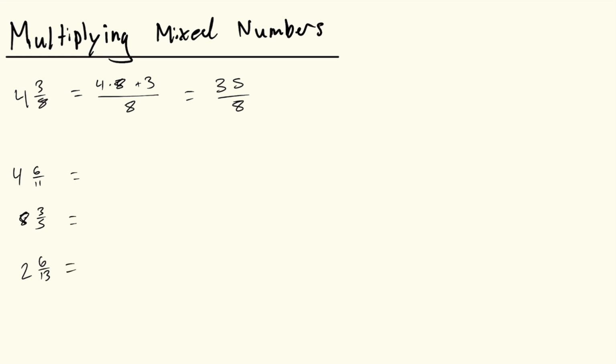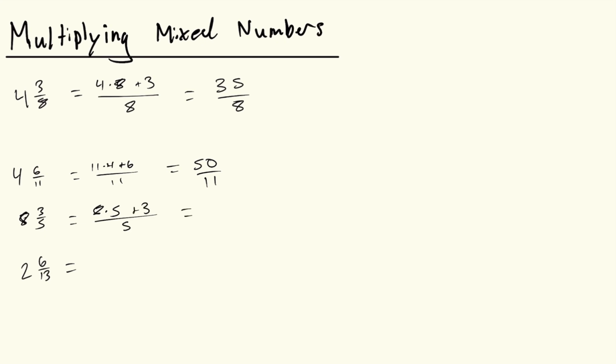But when you come back, you'll see that this here is equivalent to 11 times 4 plus 6 over 11. And that will be equal to 50 over 11. And then for the second example, we have this being equivalent to 8 times 5 plus 3 over 5.